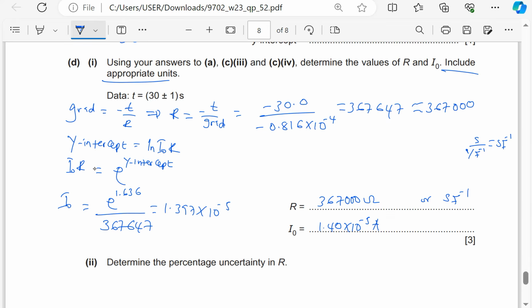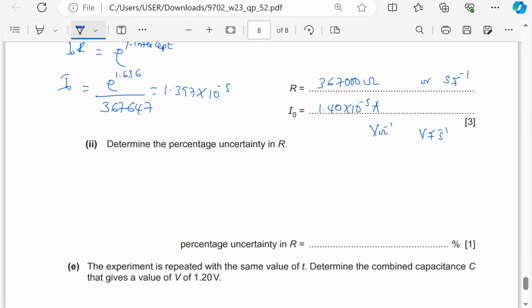So e to the power of the y-intercept, I could have other units here as volts per ohm. As R is S per farad, then that will be volts farad per second. You can derive the units.